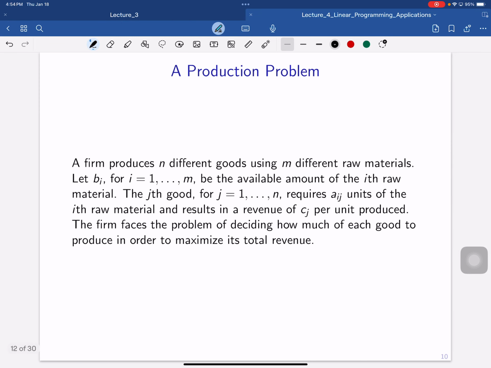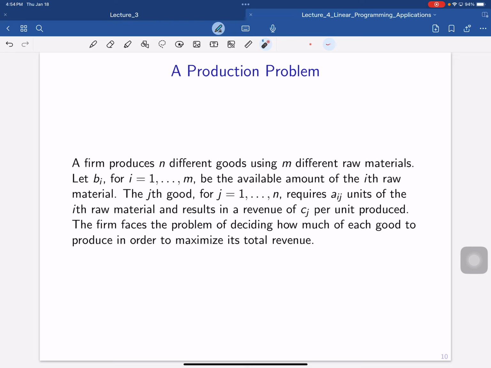Okay, so here's a very generic problem you will encounter in a lot of disciplines. It's called a production problem where a firm produces n different goods using m different raw materials. Okay, and then let bi be the available amount of raw material i, and the j-th good, there are n goods and m raw materials.